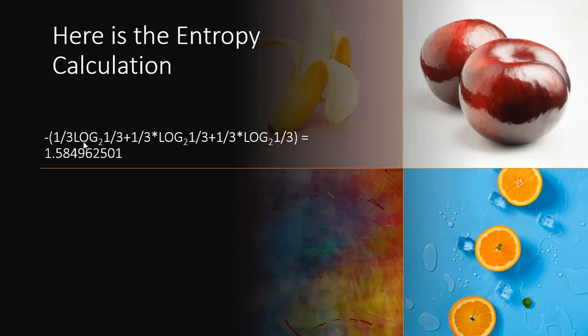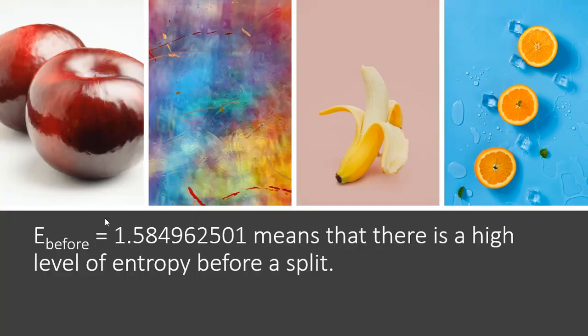It's negative 1/3 log base 2 of 1/3 plus 1/3 times log base 2 of 1/3, and again right here. So it's a very high level of entropy, which is 1.584. So we're going to call that entropy before any split.